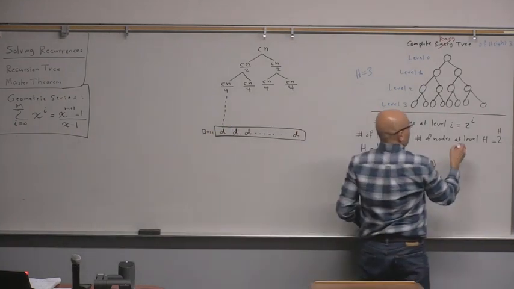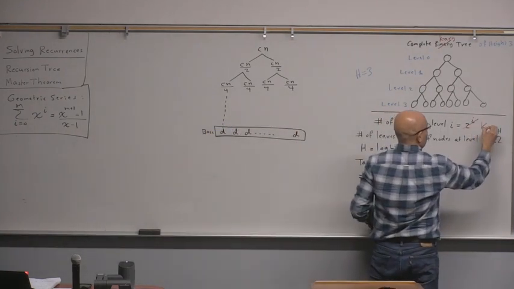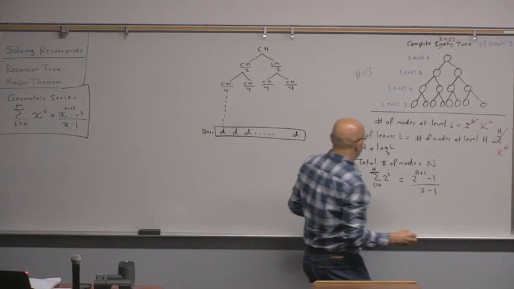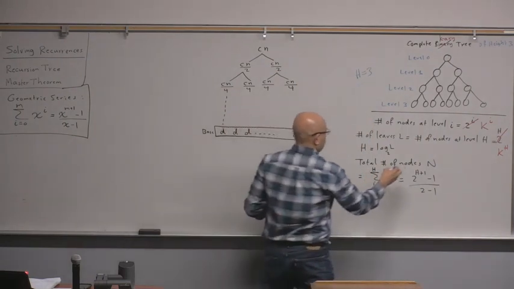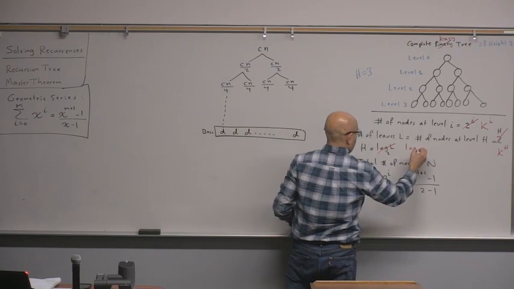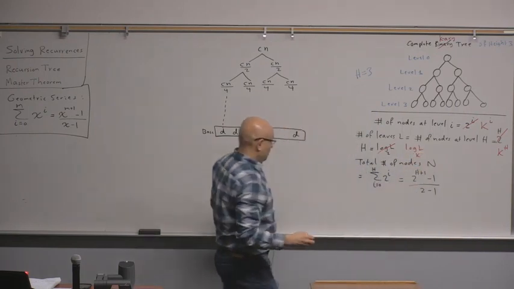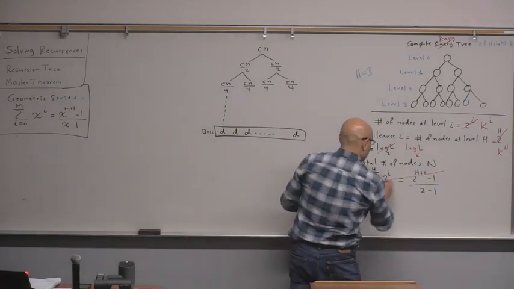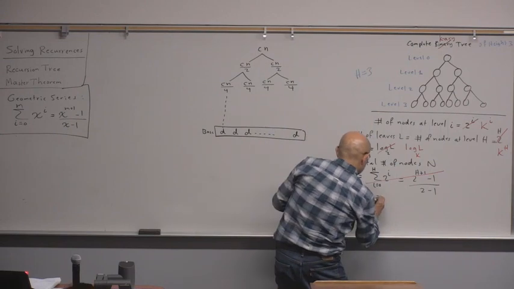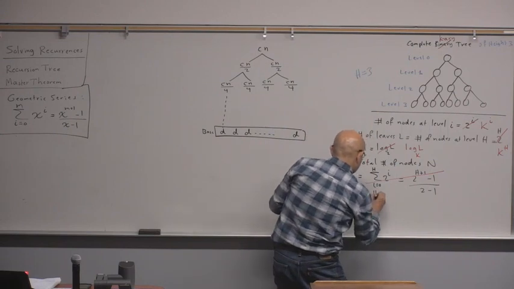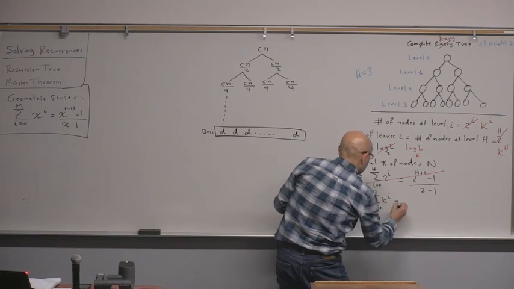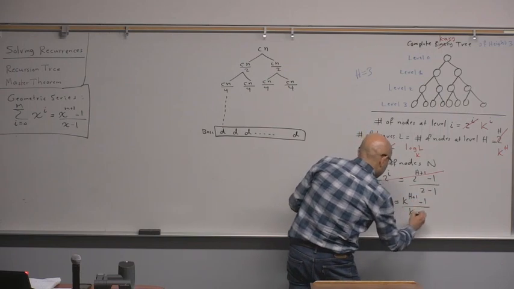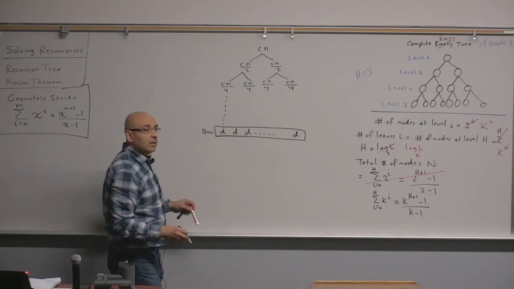So here this becomes k power I, this becomes k power h, and this becomes log L base k. We can rewrite this as sigma I equals 0 to h of k power I, which is equal to k power h plus 1 minus 1 divided by k minus 1.